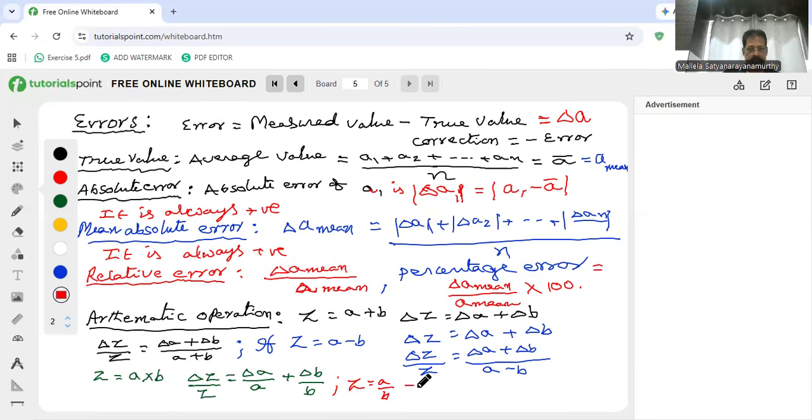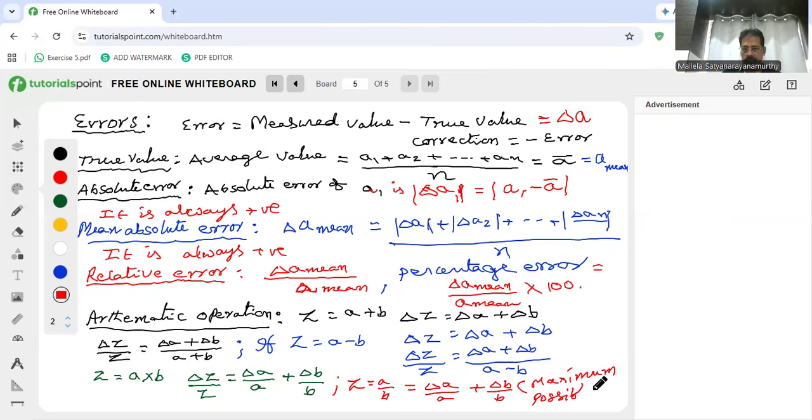You should not write minus; only delta A by A plus delta B by B you have to write. This is called maximum possible error. Remember, you have to write maximum possible error.